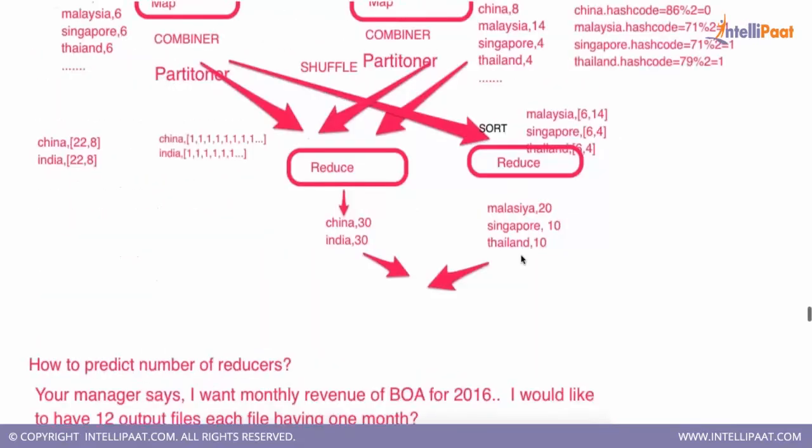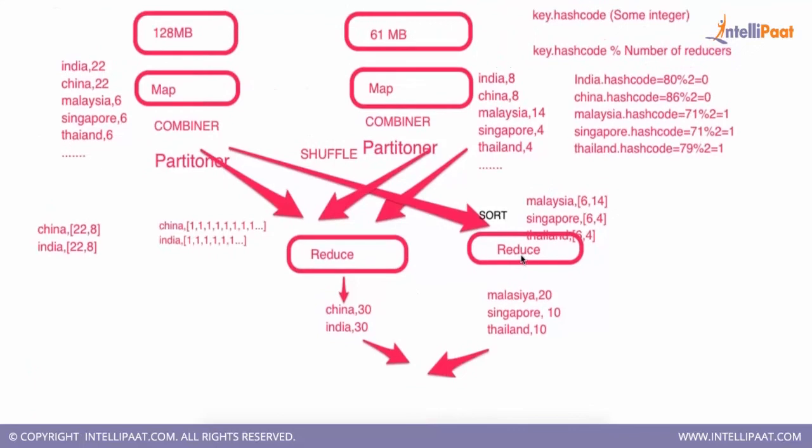Now, how many records can a mapper process at one shot? It can process one record at a time, right? So when mapper output comes, it will come as India 1, China 1, India 1, China 1, India 1, China 1. This is how mapper will give output before sort.